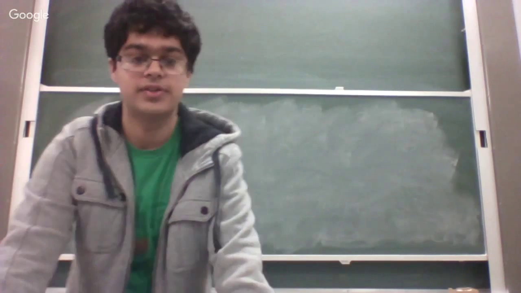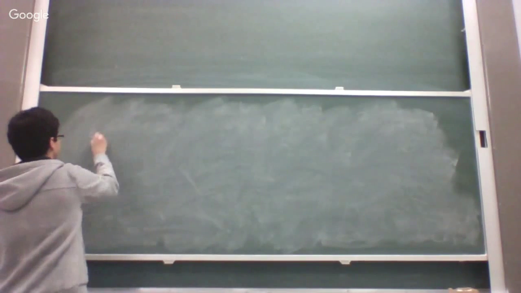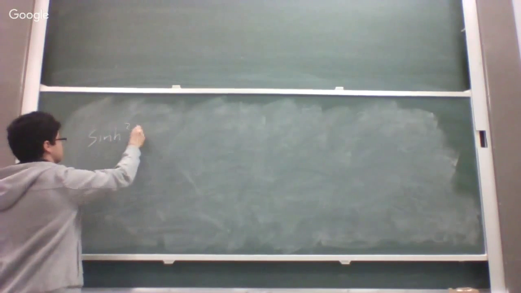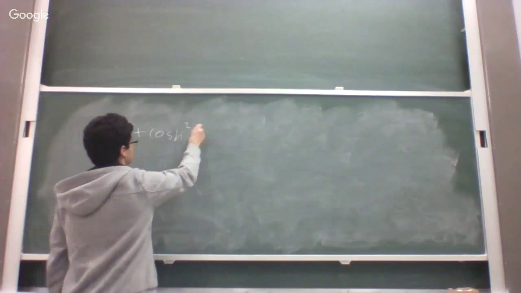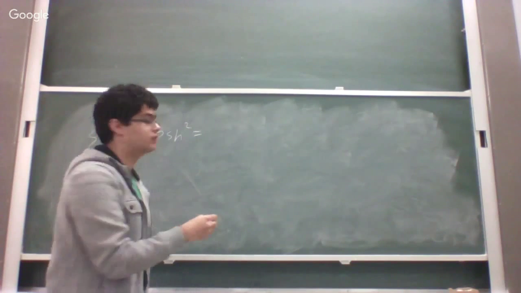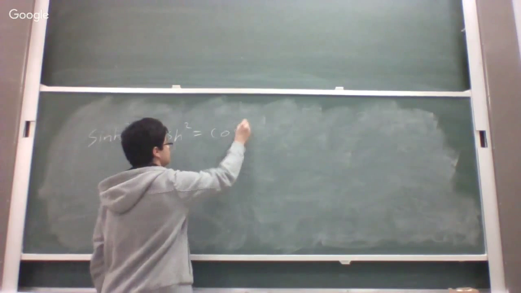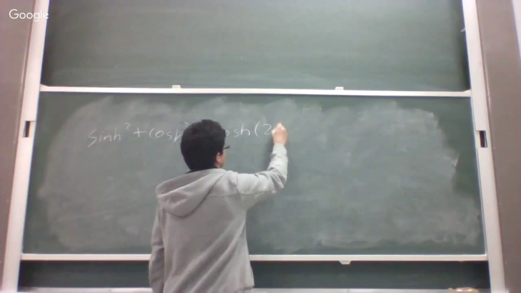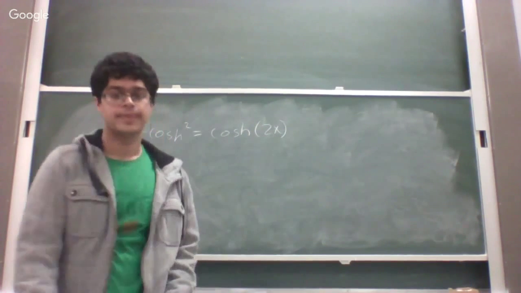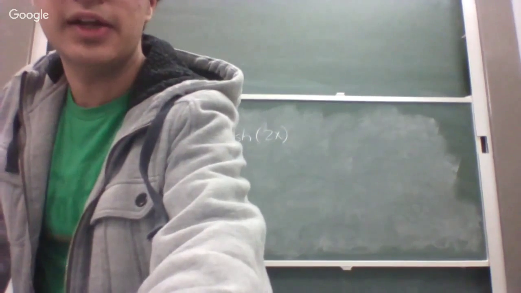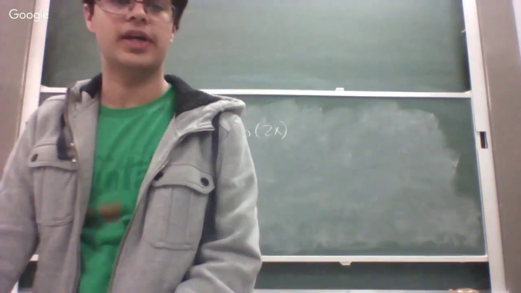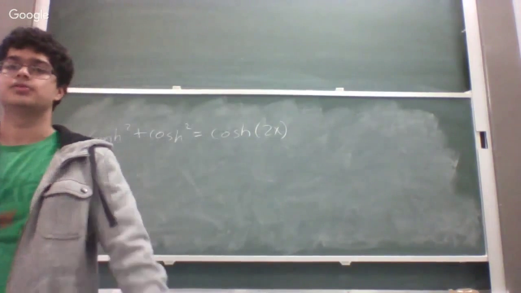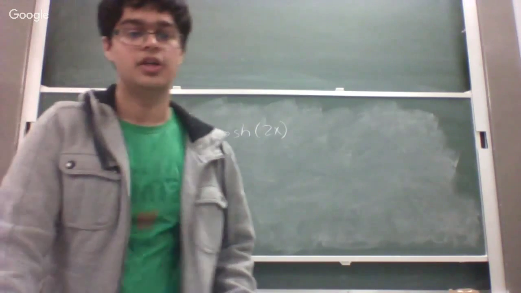Using the identity sinh squared plus cosh squared equals cosh of 2x, and the identity that relates cosh squared and sinh squared, which is what? Cosh squared minus sinh squared equals 1.